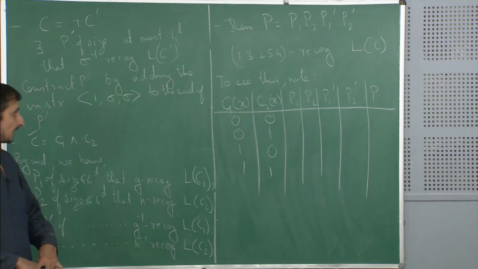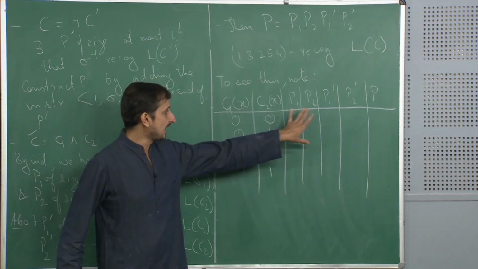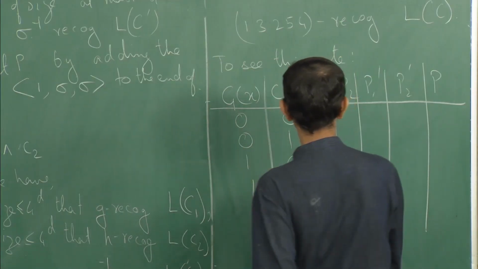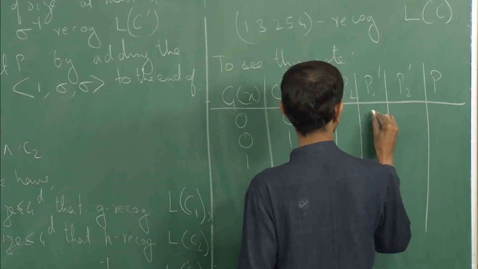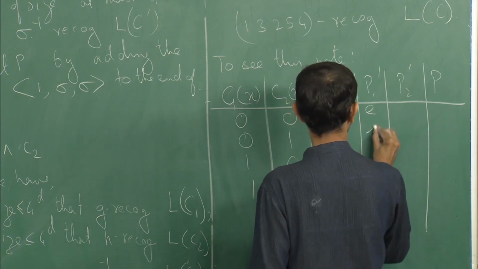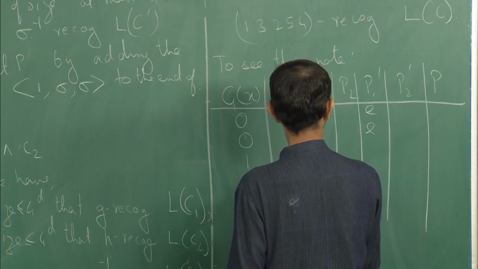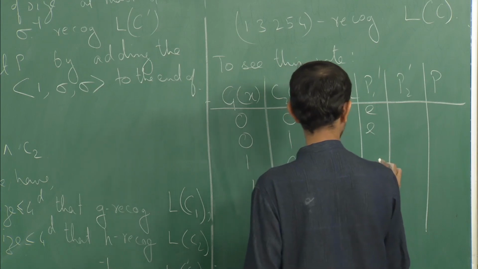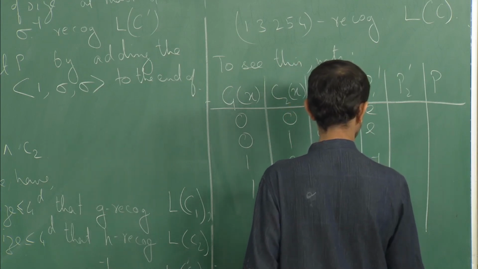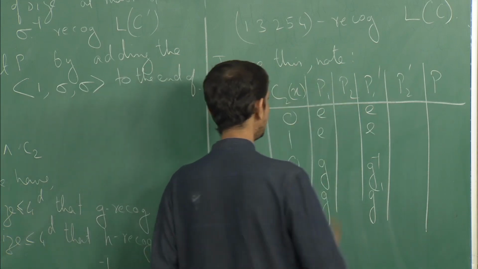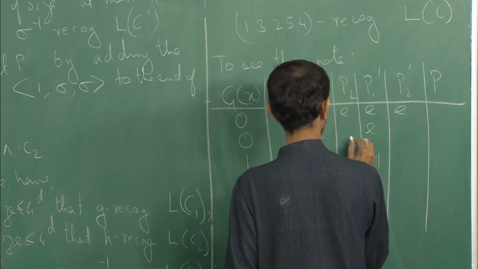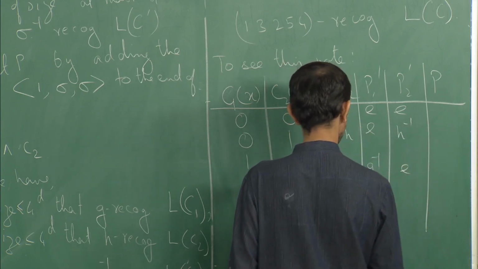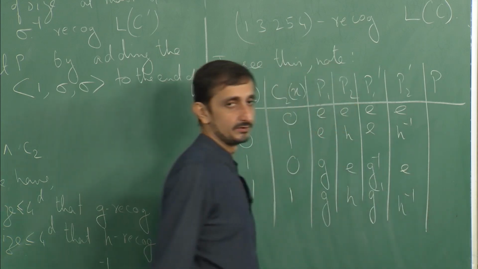Now, P1 and P1 prime are programs for C1. For 0, P1 would be E and P1 prime is also E, and for 1, P1 is G and P1 prime is G inverse. Similarly, P2 is E and E, and for 1 it will be H, H inverse.